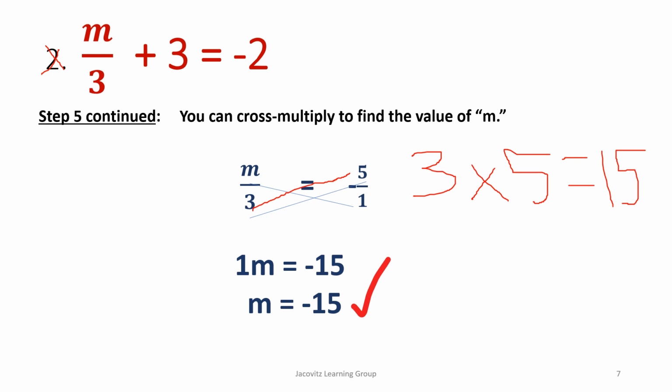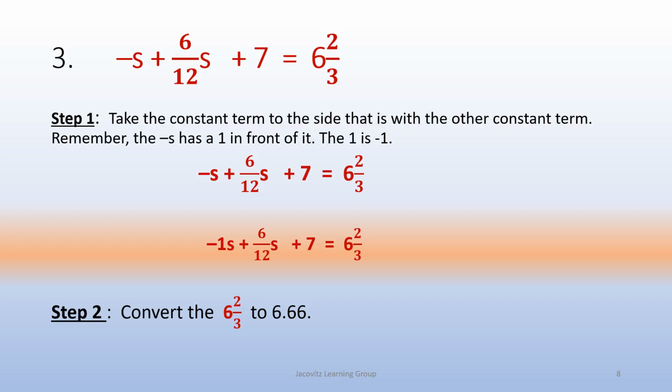And I'm going to change colors here. When you cross multiply 1 times m, you get m, because this is implied as 1m. And this was a -5, so this has to be a -15. Sorry about that. But your answer was here. So it's a -15. We could have saved space, but I wanted to bring that.